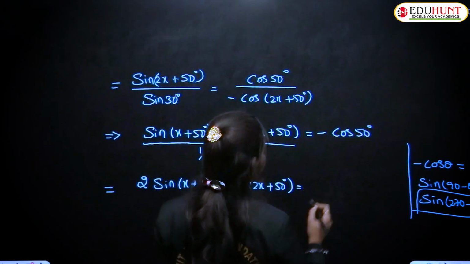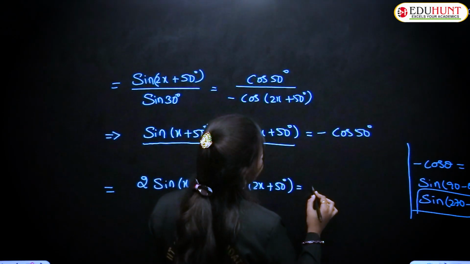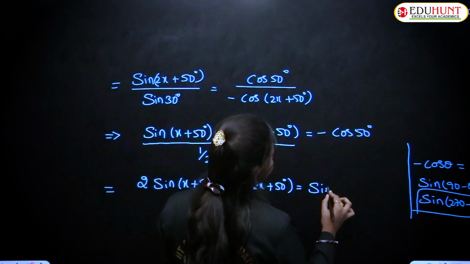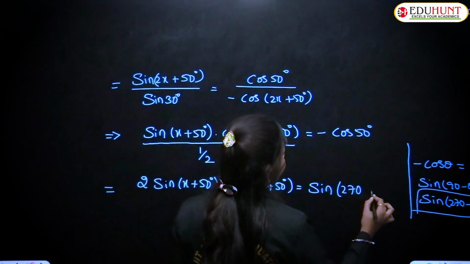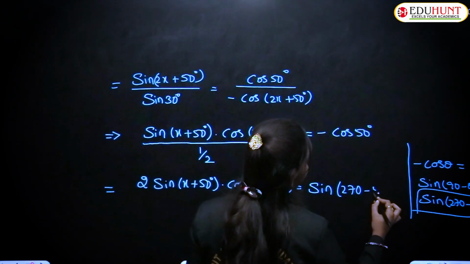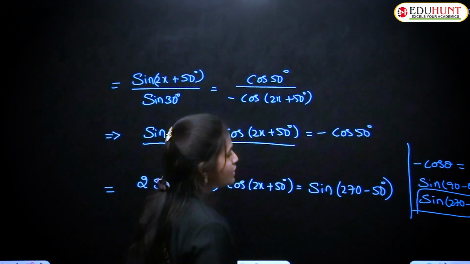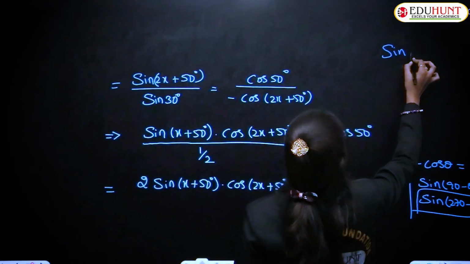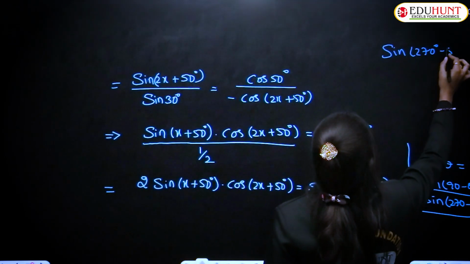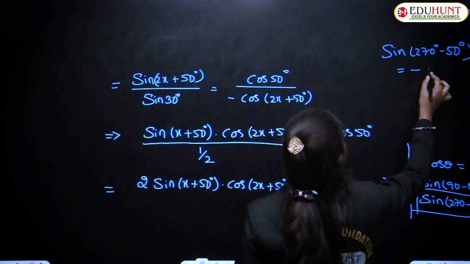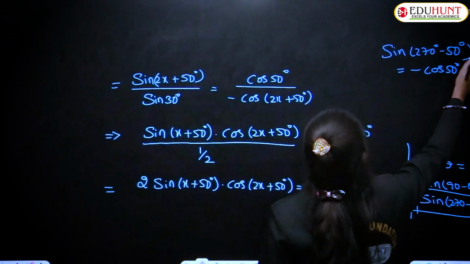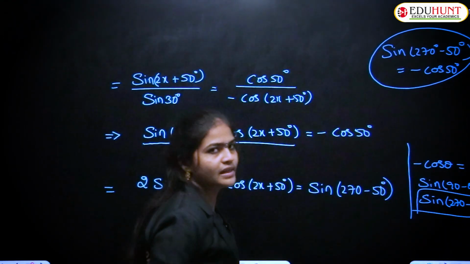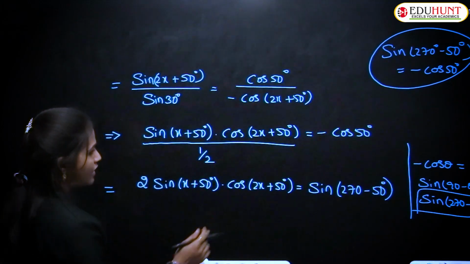So we can write this one as minus sin of 270 degrees minus here 50 degrees. Okay, so sin 270 minus 50 degrees means sin of 270 degrees minus 50 degrees, which is equal to minus cos 50 degrees. That's why I used this one here. Understand, minus cos theta formula.